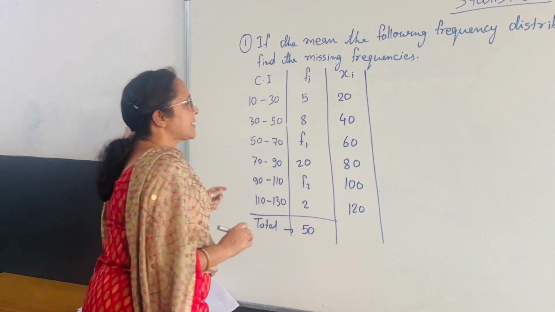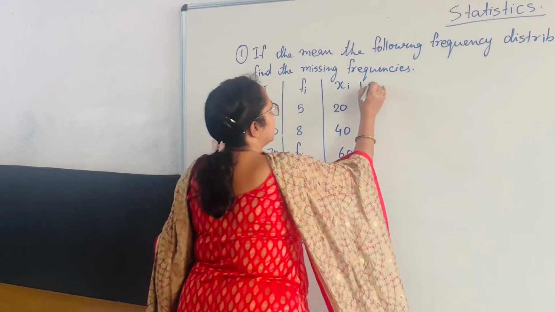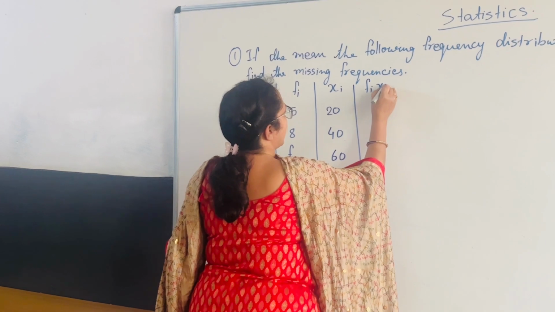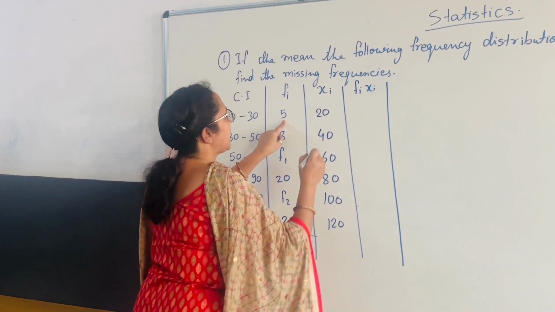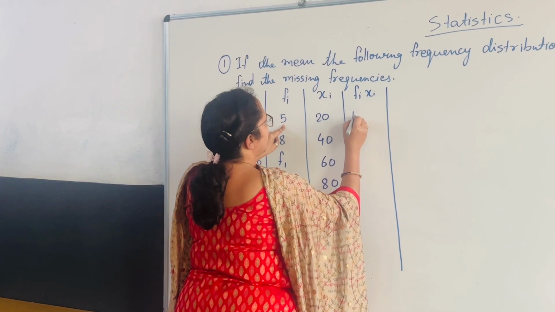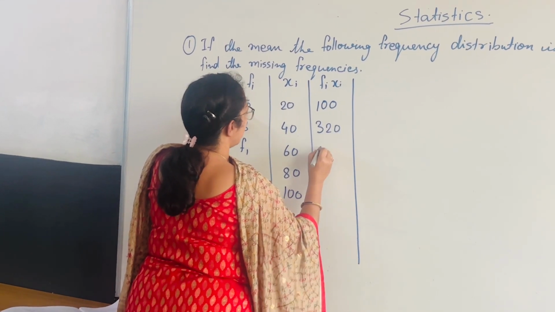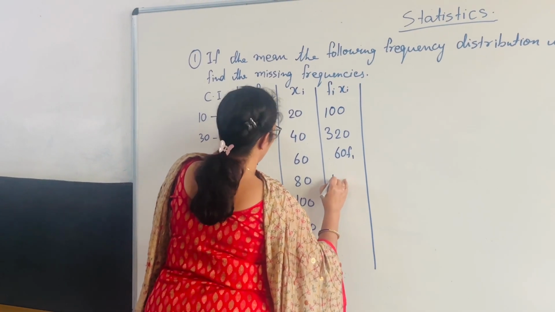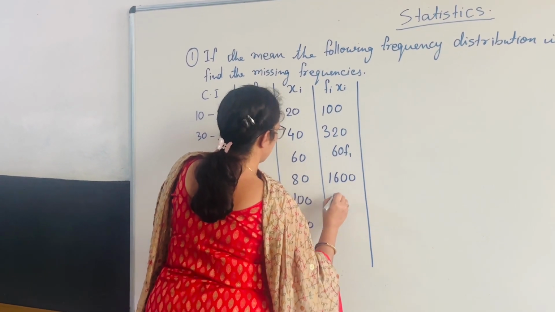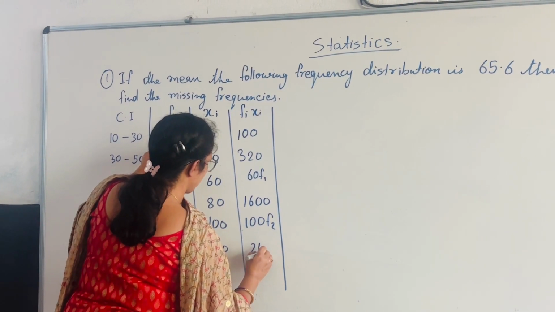Now the next column will be sigma fi xi. We multiply and write it: 100, 320, 60 f1, 1600, 100 f2 and 240.